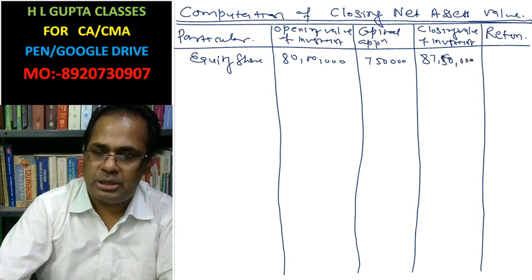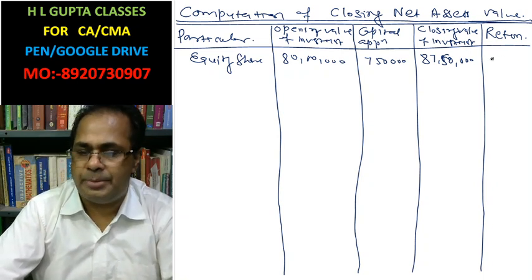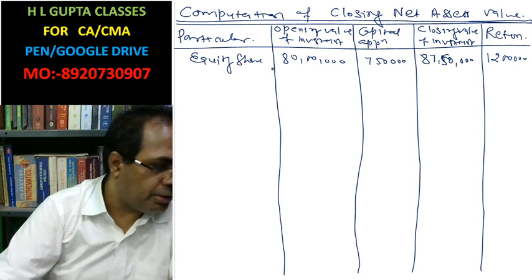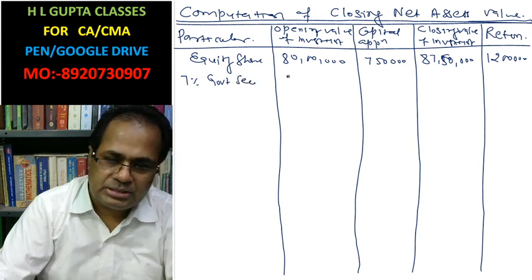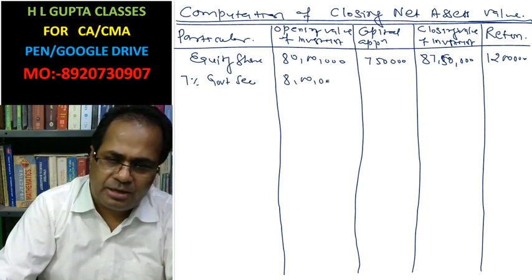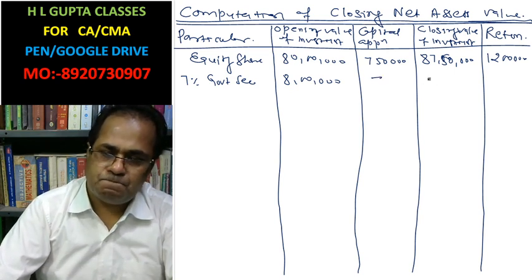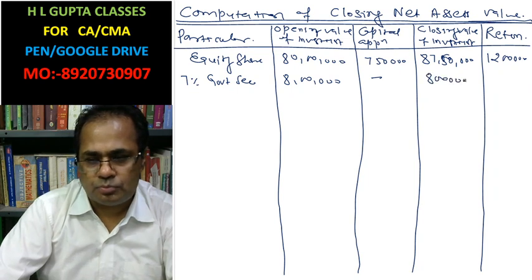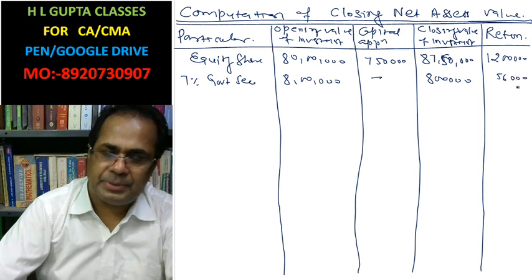Dividend from equity 12 lakh. 7% government securities: the opening value is 8 lakh, no capital appreciation because unlisted, so closing is also 8 lakh. The interest is already calculated, 56,000.